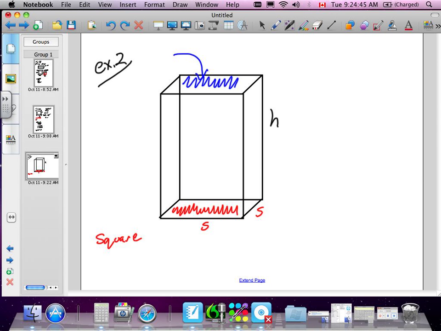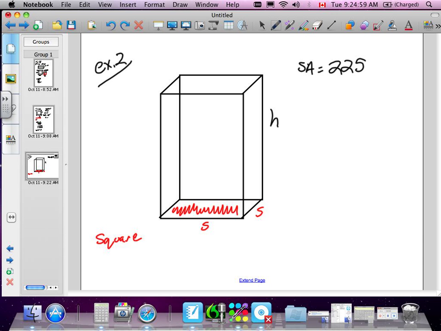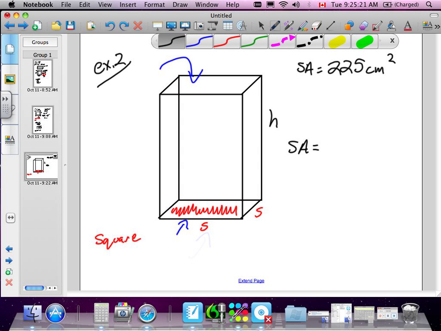So they said the surface area of this object was equal to 225 centimeters squared. Now, I actually have to figure out a formula for the surface area because it's not the same as before. Normally, surface area for a shape like this, now remember we have a square on the bottom, so I know the area of the bottom is going to be s times s, and normally there's a top and a bottom. So normally we would have 2 times s squared.